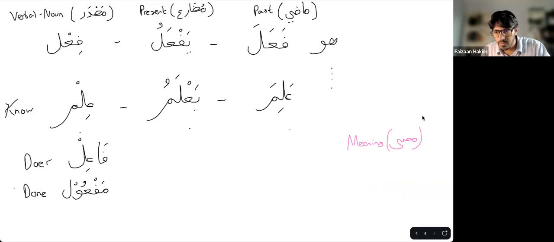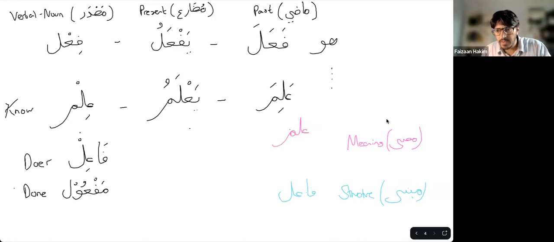Mabna, structure. So what's happening is the structure here is going to be fa'il. Fa'il. The meaning is ilm. Ain, lam, mim.